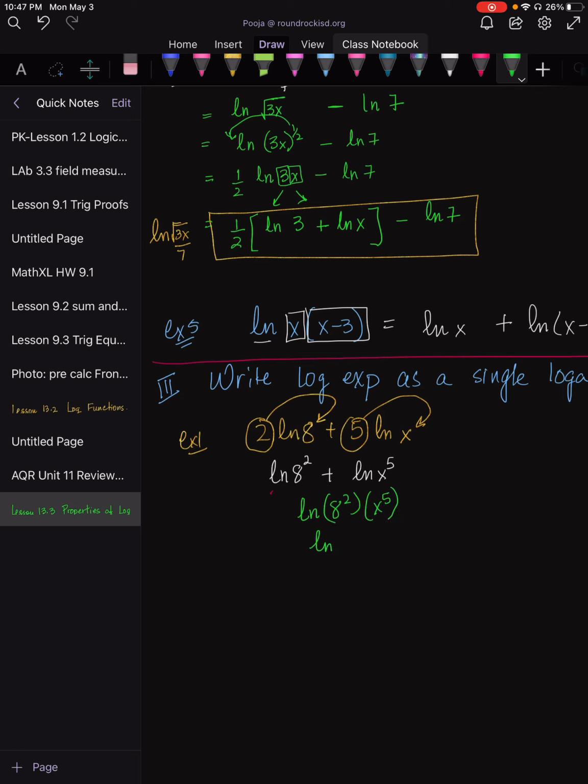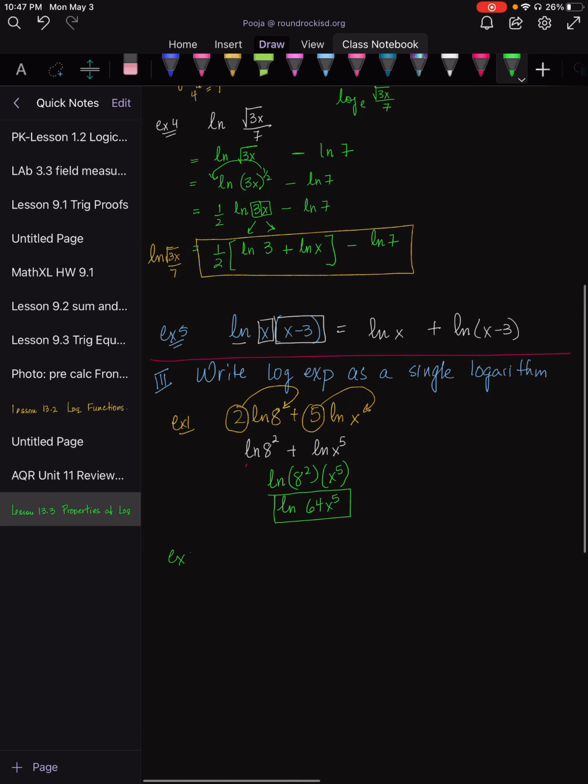One more step, 8 squared is 64, x to the 5th. And I have combined it into a single log expression. It might look weird, but it just needs practice, and you need to look at more examples.